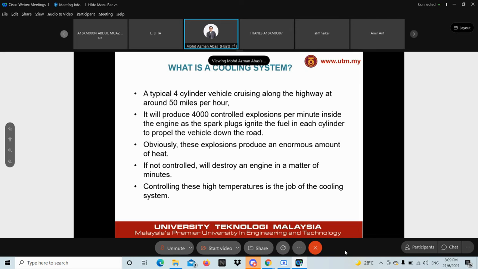Because there are so many explosions, it will definitely produce an enormous amount of heat. If not controlled, this heat will destroy your engine in a matter of minutes. So controlling these high temperatures is basically the main job of the cooling system.